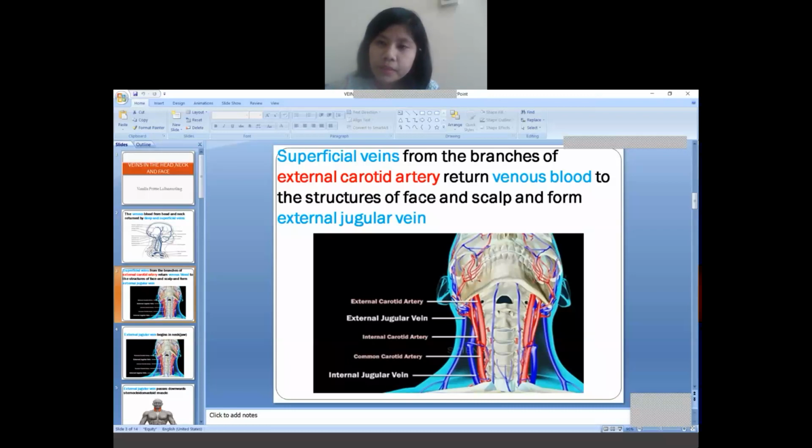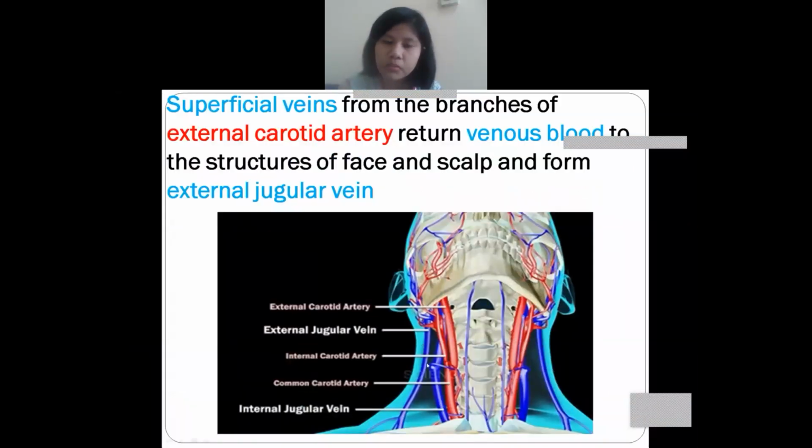Okay. Next question goes to Sheetal. Okay, Sheetal, can you tell me about the external jugular vein? Wait, let me show you that. So this is the external jugular vein, right?